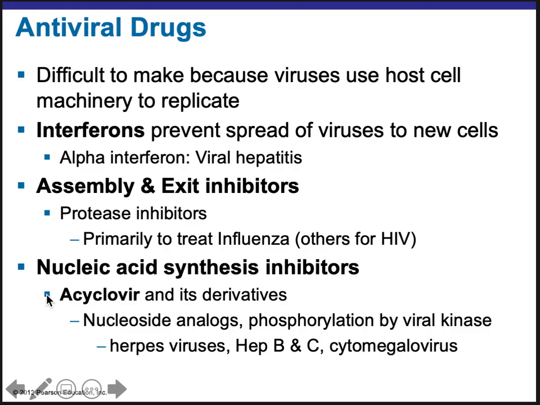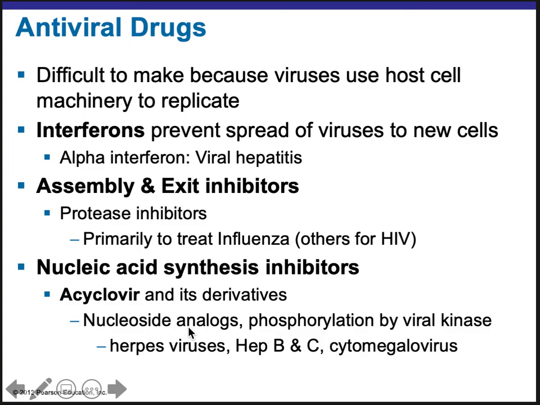So acyclovir is one of the most popular antiviral drugs used, and there's a lot of derivatives of it. And I'm not going to worry about all those names, just know acyclovir. Okay, and it has a lot of derivatives, and they pretty much all function in the same way. They're a nucleoside analog.